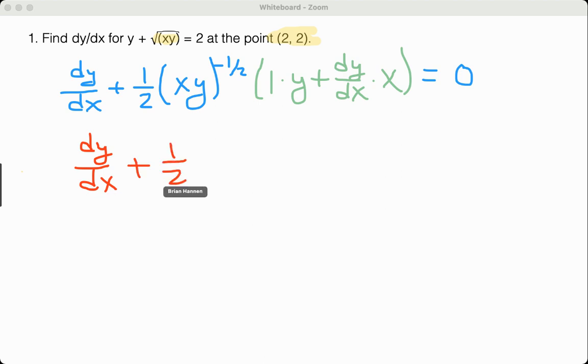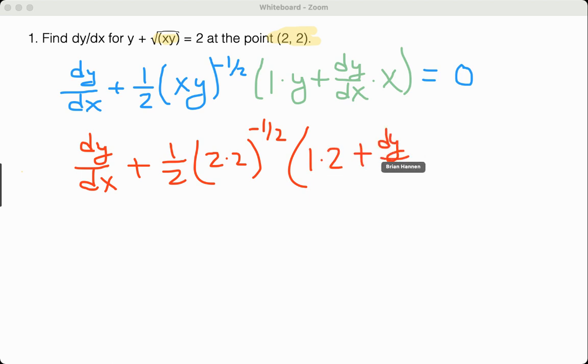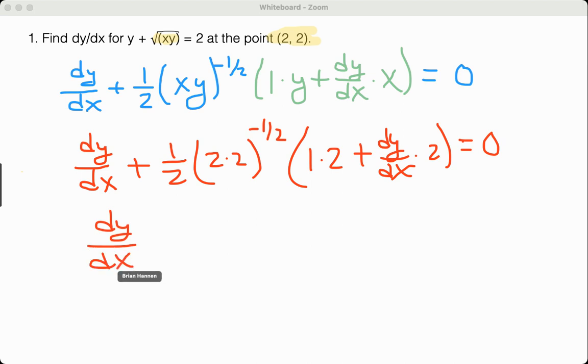So now I've got 1/2 times 2 times 2, because x is 2 and y is 2. I've got 1 times the y value, the derivative times the x value, and it equals 0. Once again, simplifying just a little bit more, we've got all the numbers in here.